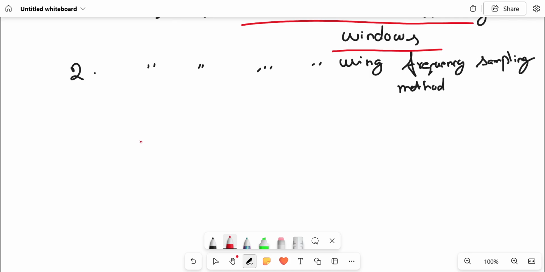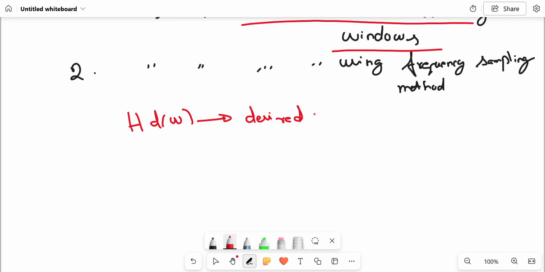Normally the function has infinite duration. Before the window function, first we will define the desired frequency response, the specification. So what is HD of omega? This is the desired frequency response.